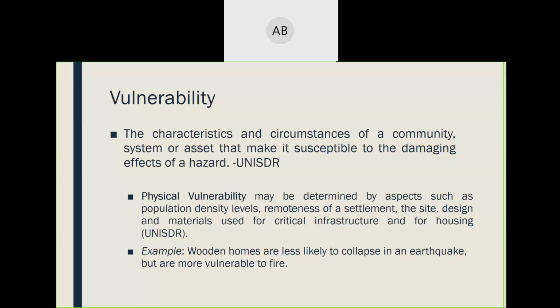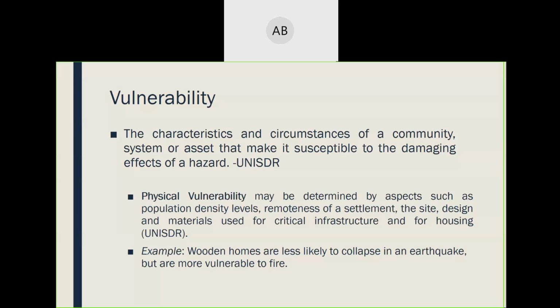Okay? Then again, population density levels. Imagine the situation in Delhi, and imagine the situation in the northeastern states. Delhi has a much denser population. So if you are living in a very dense population, you are supposedly more vulnerable to this pandemic.